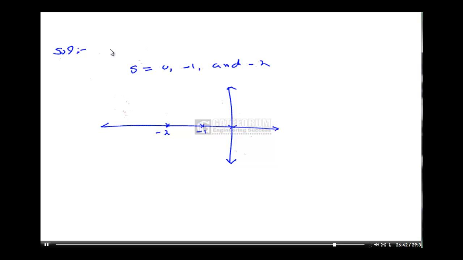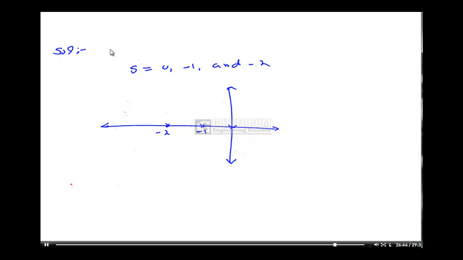If we look at this system, I have poles at 0, minus 1 and minus 2. So I can plot it: one pole at 0, one pole at minus 1, one pole at minus 2.